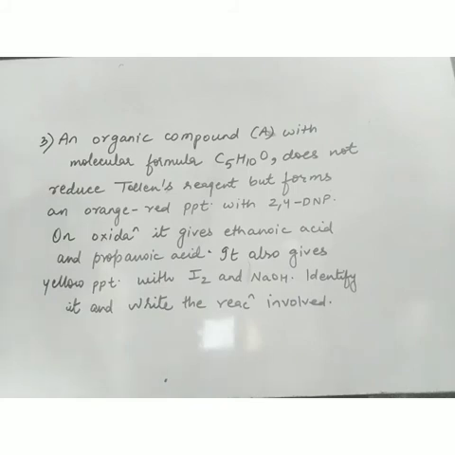On oxidation, it gives ethanoic acid and propanoic acid, and we know when ketones are oxidized, according to Popoff's rule, we get a mixture of 2 acids. It also gives a yellow precipitate with iodine and NaOH, which we use for the iodoform test, and the iodoform test is given by those ketones which have a methyl keto group. We have to identify it and write all the reactions involved.